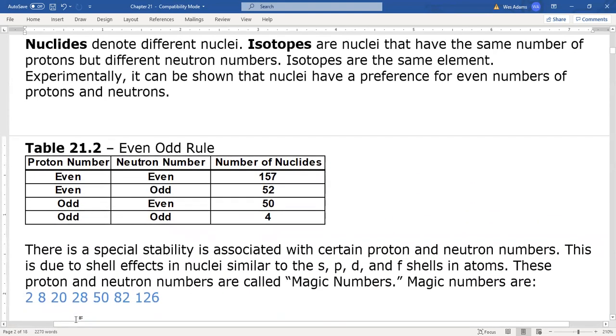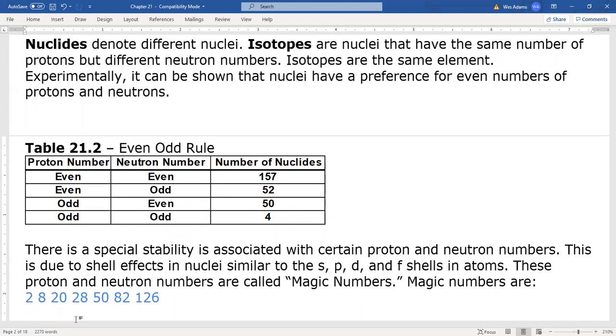There's also a special stability with certain proton and neutron numbers. This is due to shell effects similar to the s, p, d, f orbitals for electrons, but these are for nuclear particles. The rules for those particles are different than the rules for the electrons, but again, we'll save that discussion for another course.